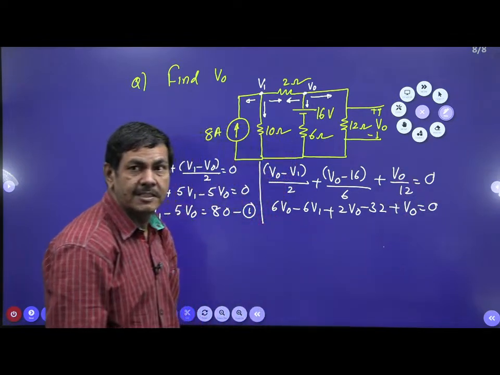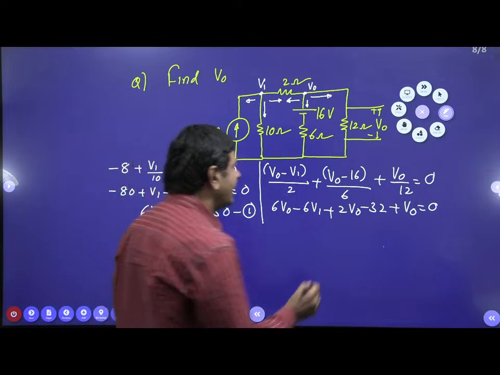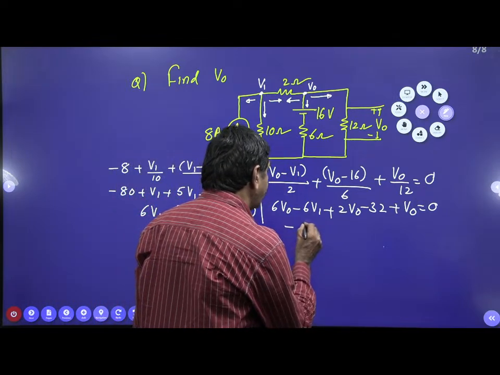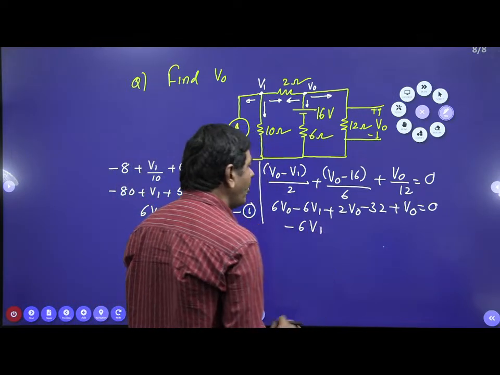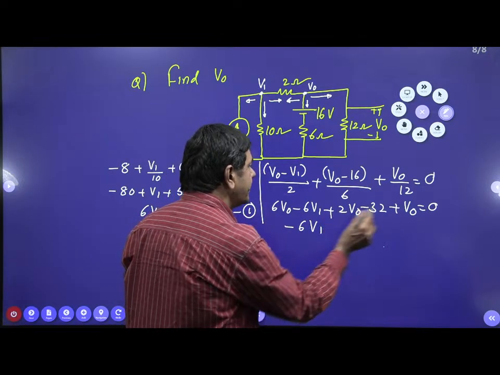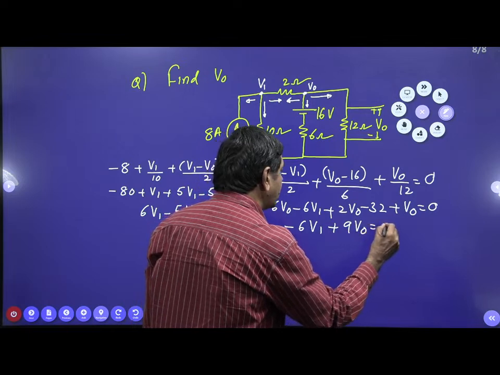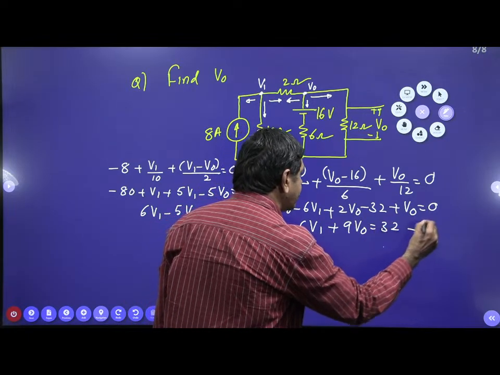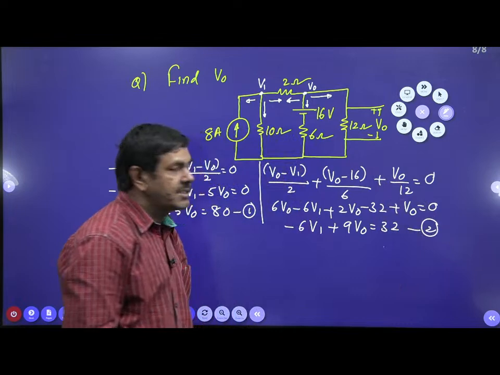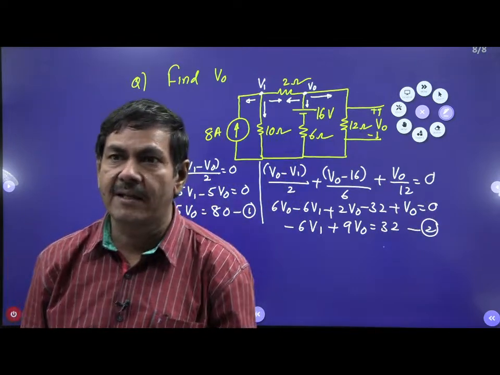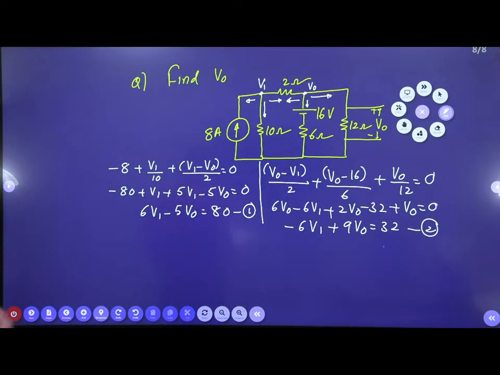Finally, the equation is written in what form? Minus 6 V1 I got here. How many V0s did we get? 6, 8, 9 V0 I got. That equals 32. This is equation number 2. You solve those 2 equations and find the value of V0.